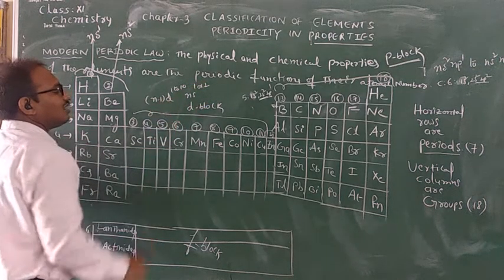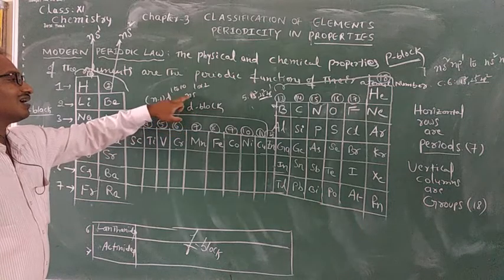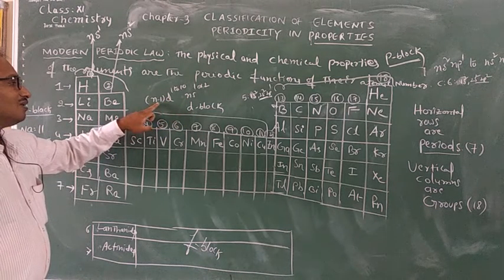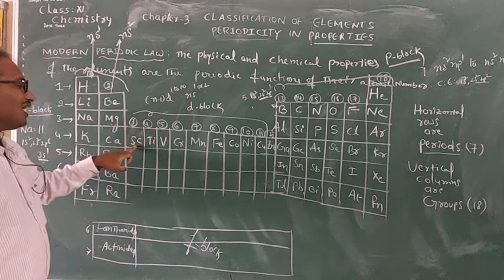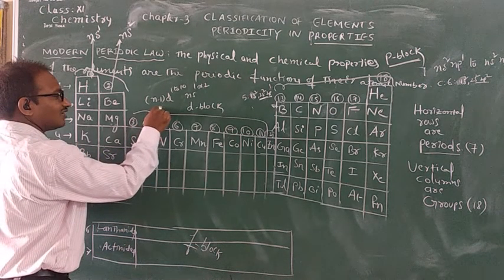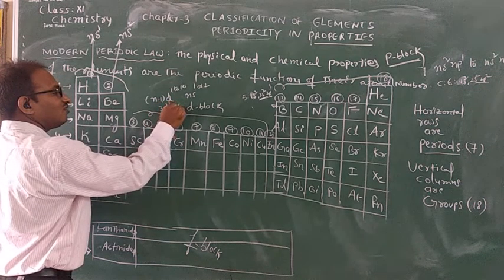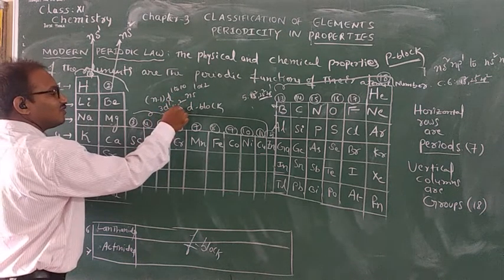This is the general electronic configuration of d block elements. If you see scandium, the electronic configuration is 3d1 4s2.